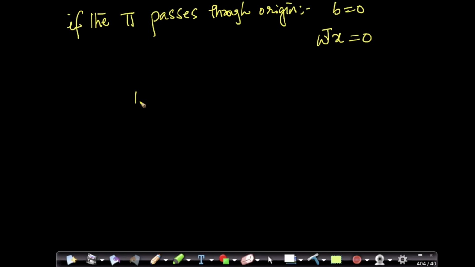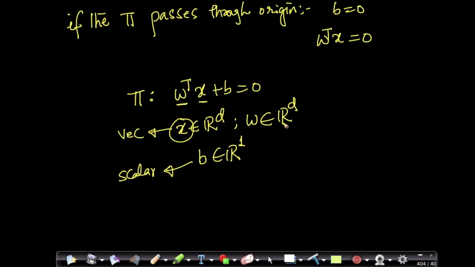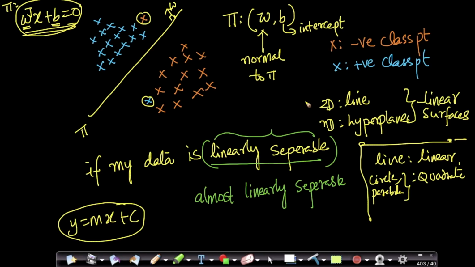Remember, in the general equation of a plane, W transpose x plus b equals 0, x is a data point which belongs to a d-dimensional space, and W is also a vector in d-dimensional space. If W is not a vector, I can't do W transpose x. And b is a scalar, one dimensional. So x is a d-dimensional vector, and W is also a vector in d dimensions. This is a quick recap of what the plane equation is.